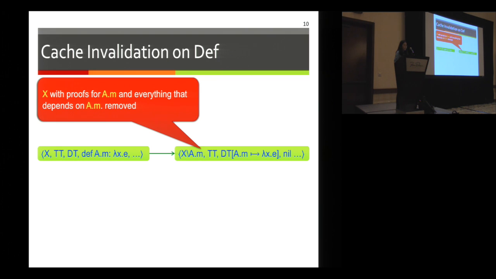Now, if method A calls B, then B is a dependency. And also on the left side, we have the type table. That's the same as the new DT, which has the new type definition stored. The method definition evaluates to nil.